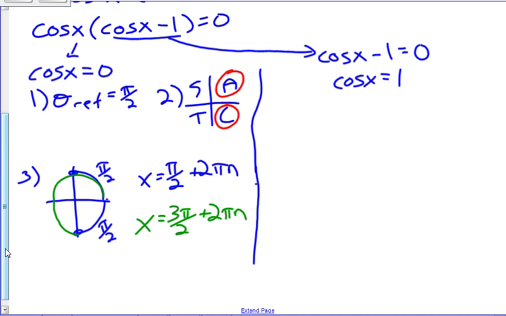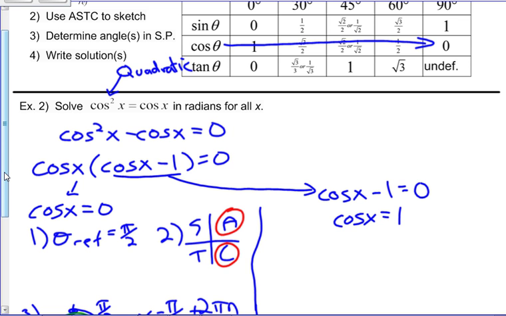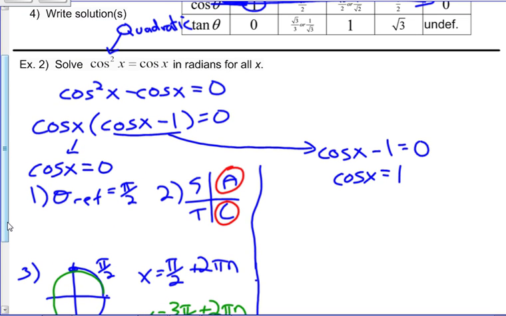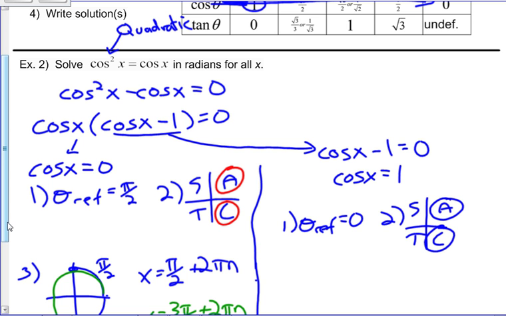Let's find the rest. Cos x equals 1. Let's find theta ref. Oh, cosine is 1 at 0. So theta ref is 0. Okay, and that's dealing with a positive cosine. So we're talking about quadrants 1 and 4.